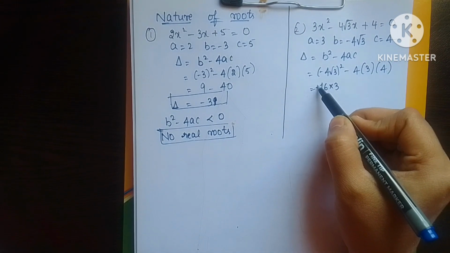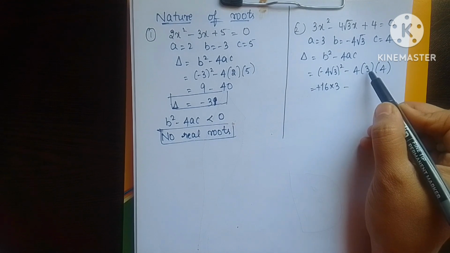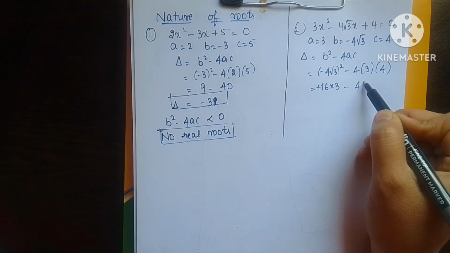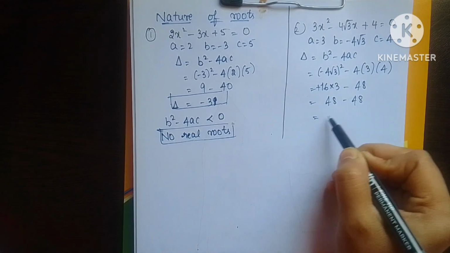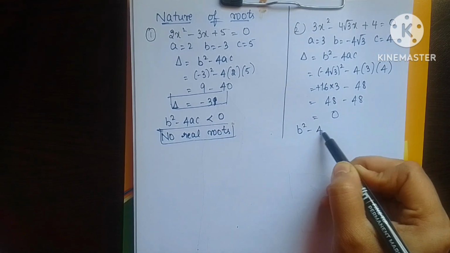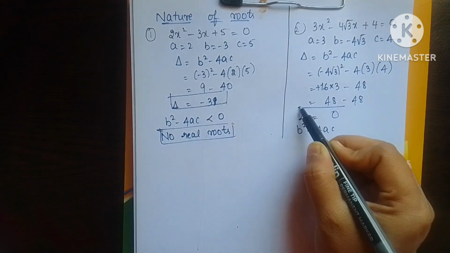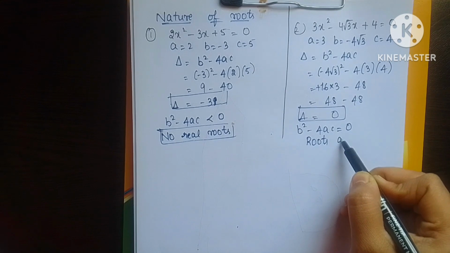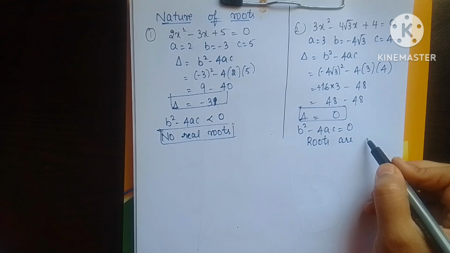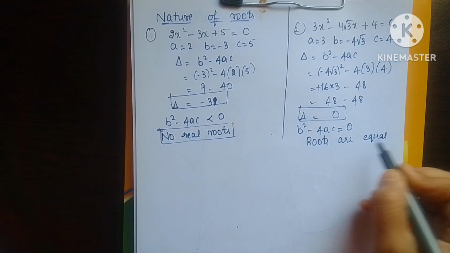Minus into minus is plus. Minus 4 into 3 is 12, 12 into 4 is 48. So 16 into 3 is 48. 48 minus 48 is 0. That means b square minus 4ac is equal to 0. If the delta is equal to 0, then the roots are equal.